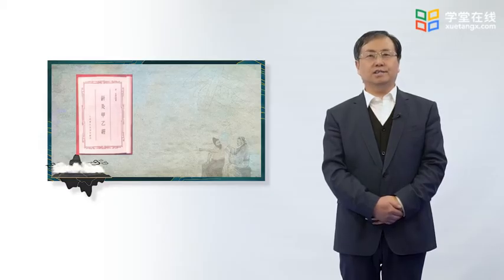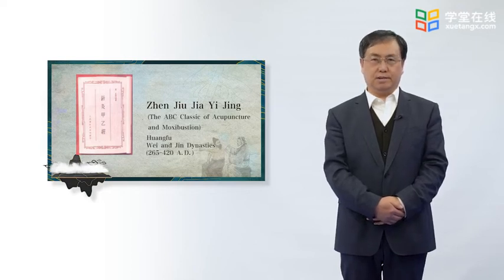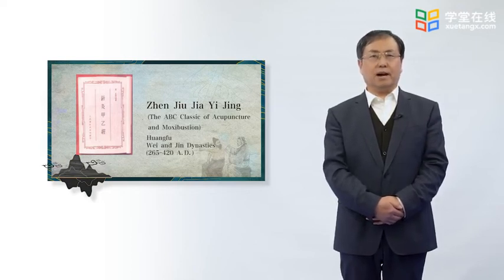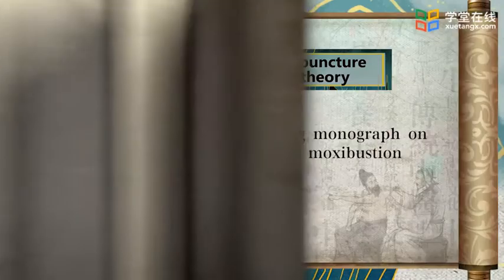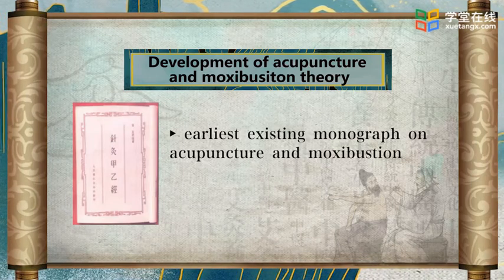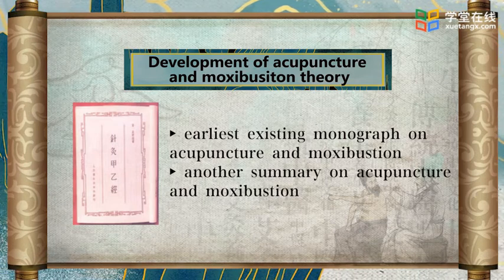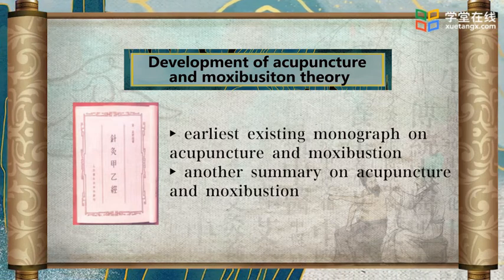in later generations. 针灸甲乙经, the ABC Classic of Acupuncture and Moxibustion, was written by Huangfu Mi in the Wei and Jin Dynasty. It is the earliest existing monograph on acupuncture and moxibustion. It provided a large summary on acupuncture and moxibustion.